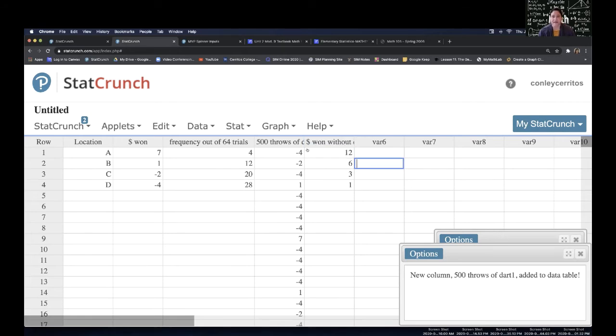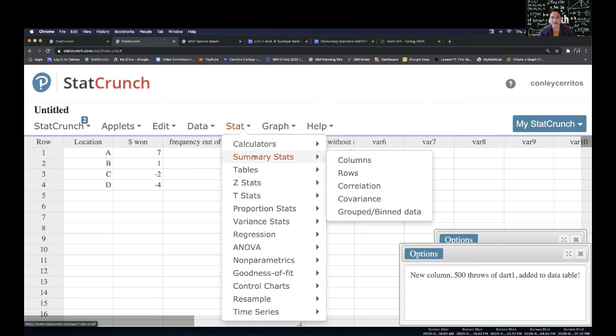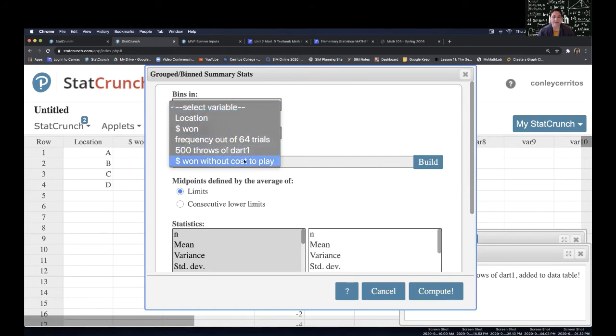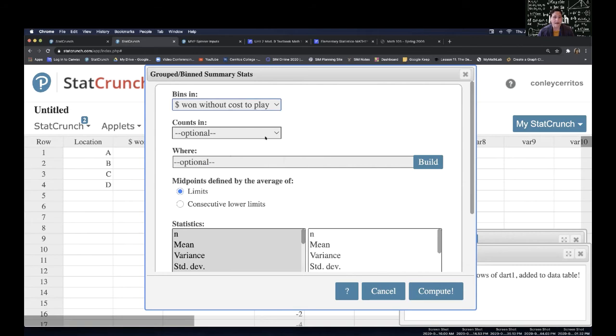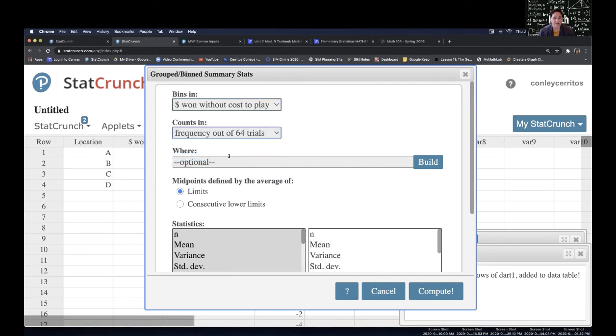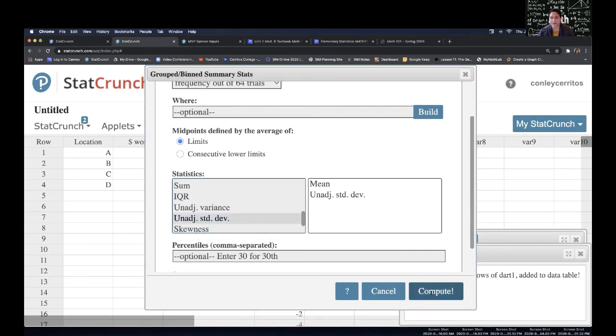If I wanted to get the summary stats for the population, I would go to grouped binned data here. My bins are the money without the cost to play, because those are all positive. And my frequency is the 64 trials. Then I'm going to get the mean and the unadjusted standard deviation, because this is a population, and compute.